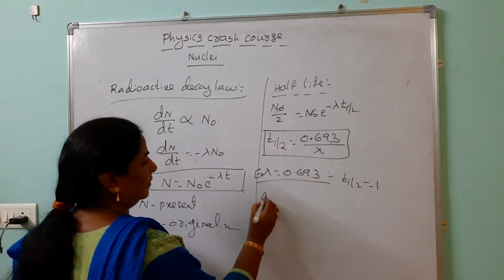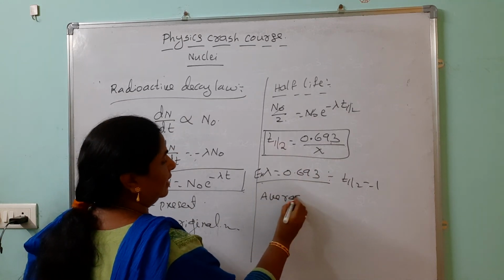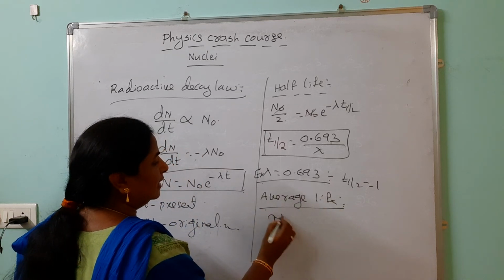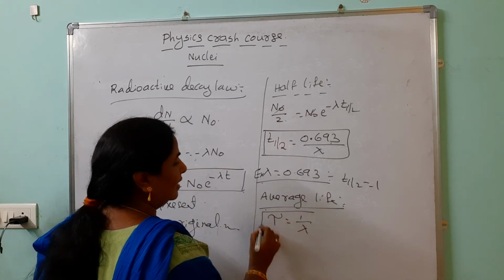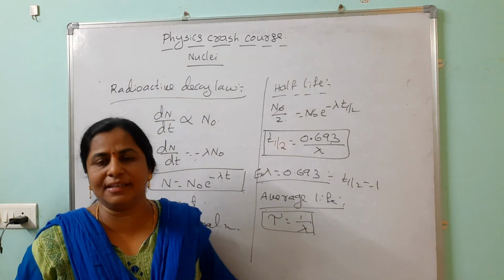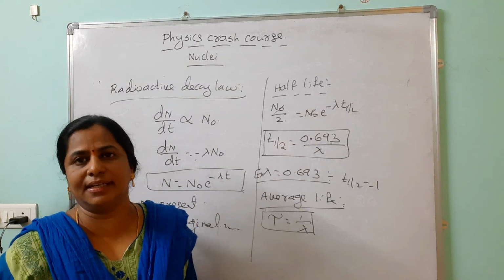And average life. What is the average life? The reciprocal of the disintegration constant is called the average life, the total time taken by that nuclei to participate completely in the disintegration process.